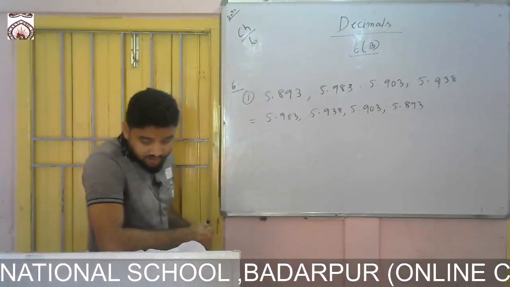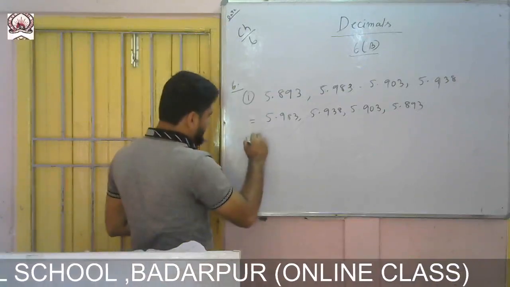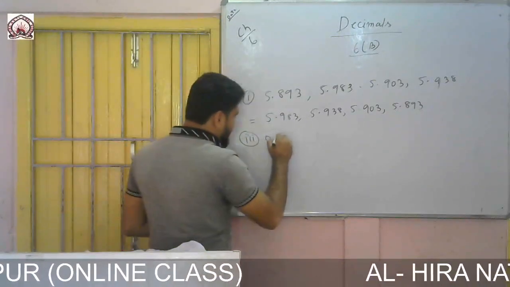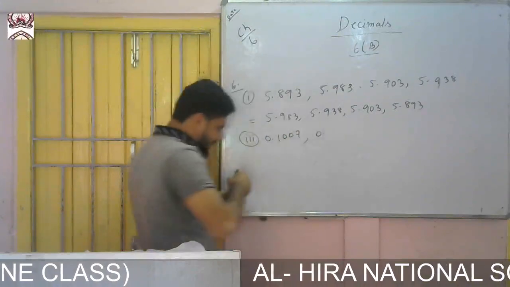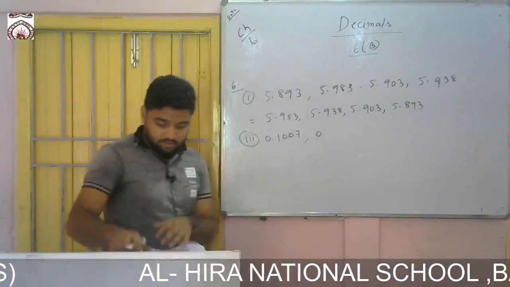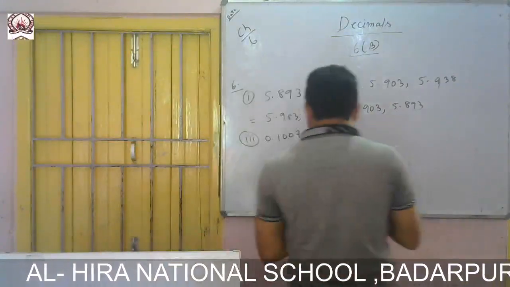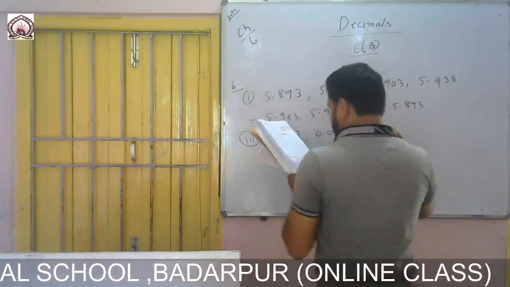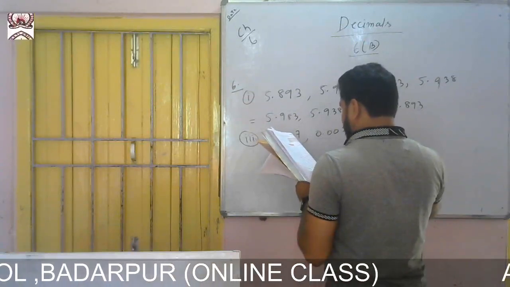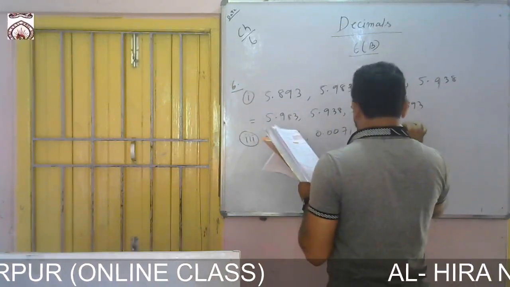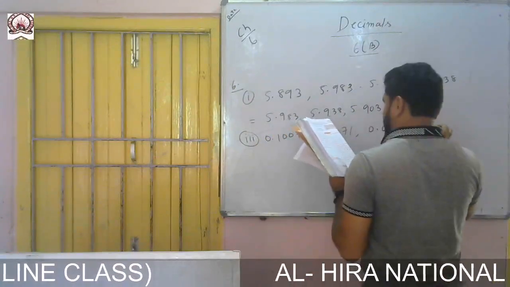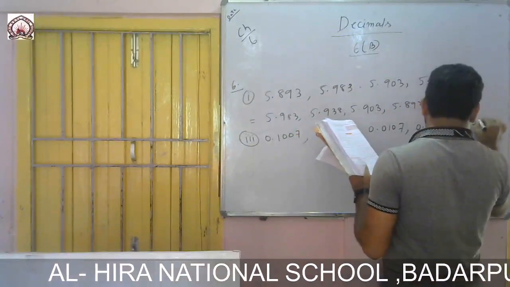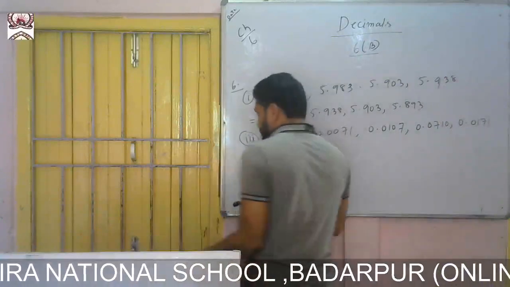Now let me show question number 3. 0.1007, 0.00071, 0.0071, 0.0107, 0.0710, 0.0171.